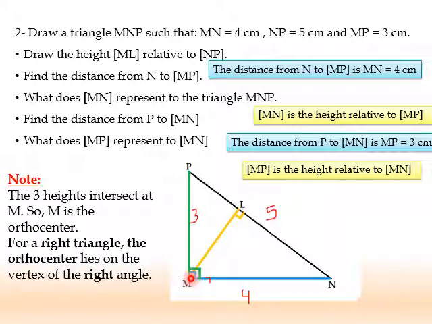So what should I understand and memorize well? In a right triangle, the orthocenter lies on the vertex of the right angle. Okay, we can follow this rule, and when we find a right triangle and we have to find where the orthocenter is, I can directly say it's the vertex of the right angle.